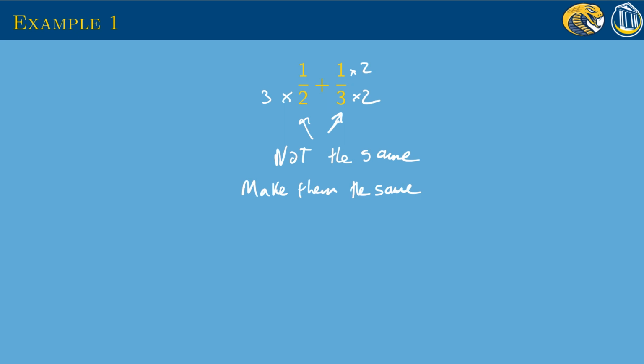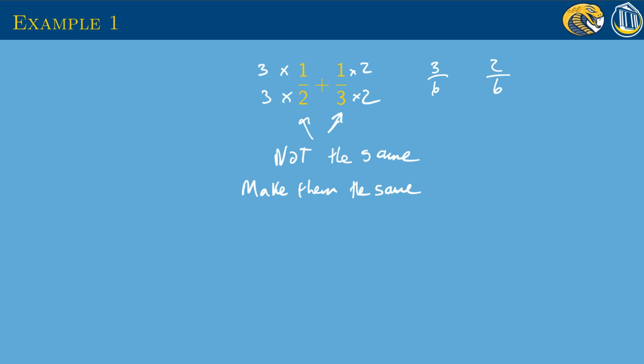That way, the answer that we get, which in this case would be 2/6, is actually the same as 1/3. Similarly, since we multiplied this 2 by 3, we also have to multiply its numerator by 3. So the answer that we get, 3 over 6, is the same thing as 1/2.